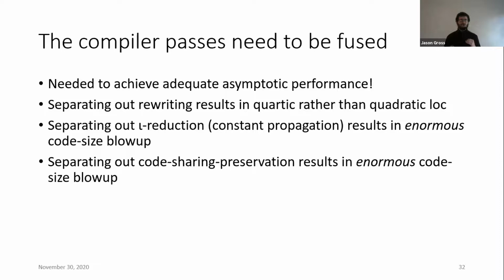If you fail to lift the let binders to expose the right rewriting opportunities, the right reduction opportunities, then the reduction just gets blocked. And again, you blow up the code size. And so we really need to fuse all of these passes to get adequate asymptotics, to not blow up the intermediate code size in a way that results in unacceptable performance.